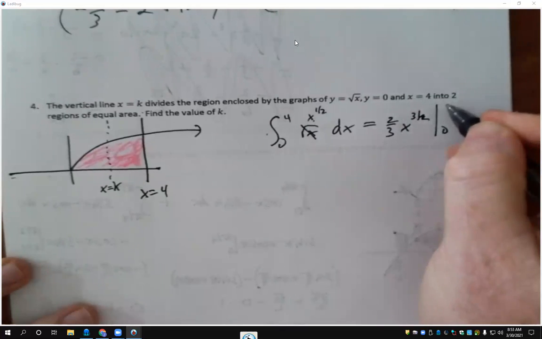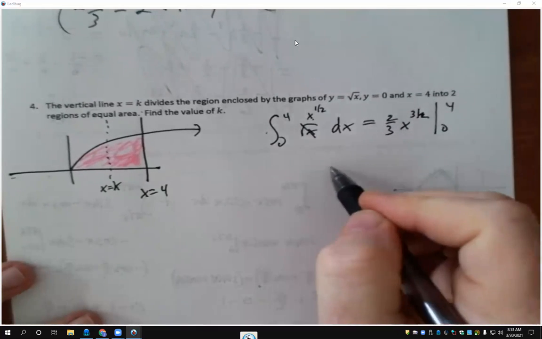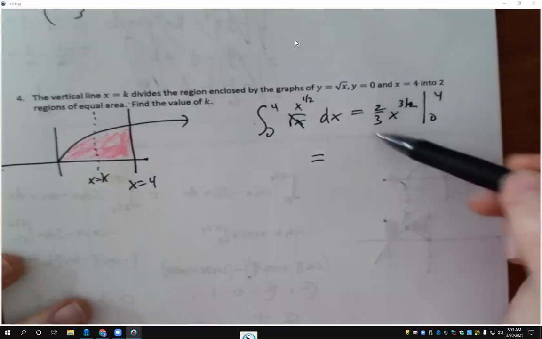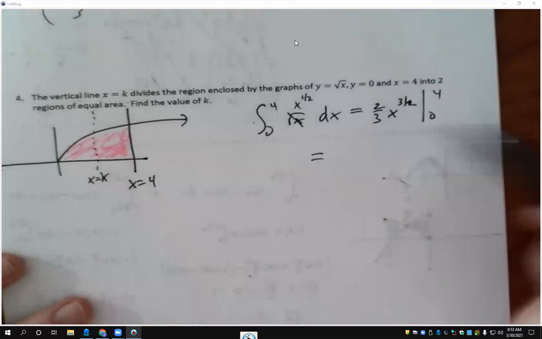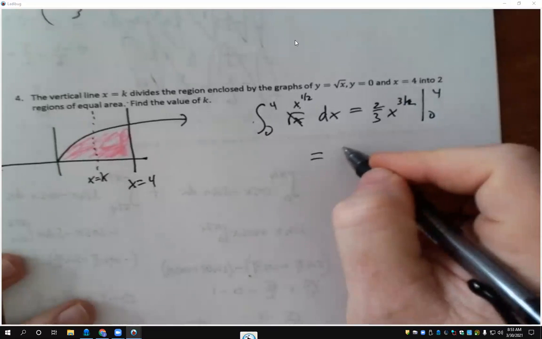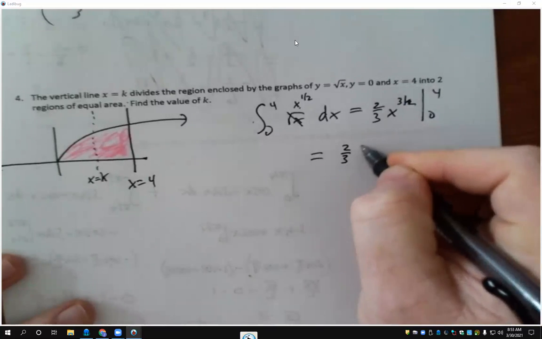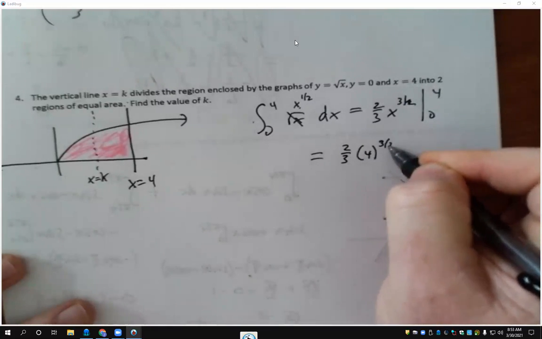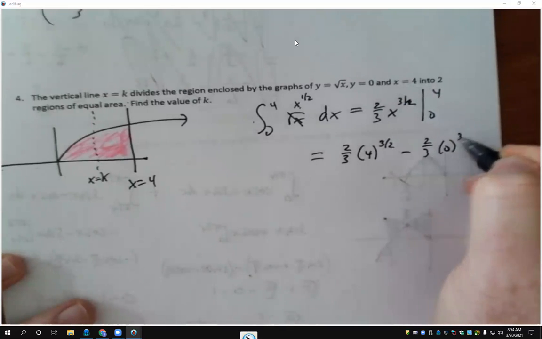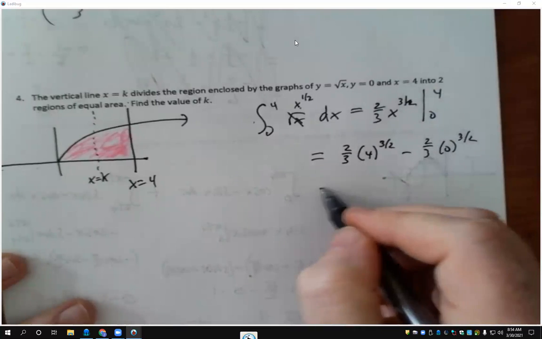We do that from 0 to 4. So I'm going to find the area of this whole entire region by doing this integral. I'm going to do the fundamental theorem of calculus part 1, which is 2/3 times 4 to the 3/2 minus 2/3 times 0 to the 3/2, which we know is 0.